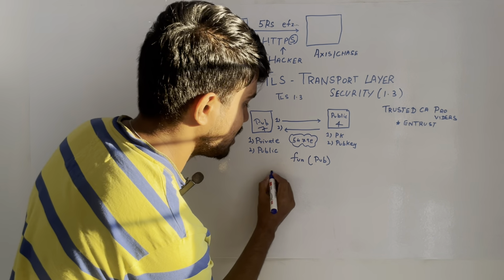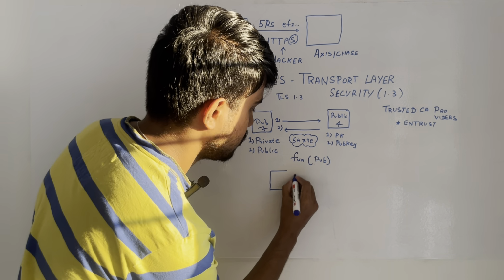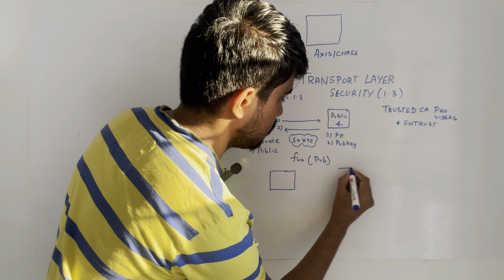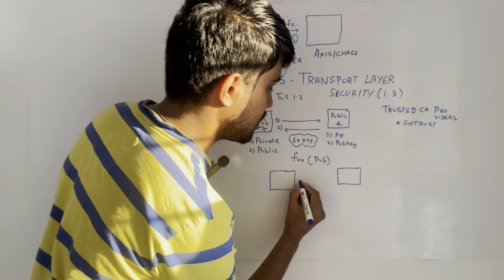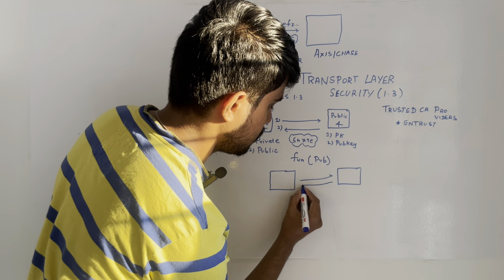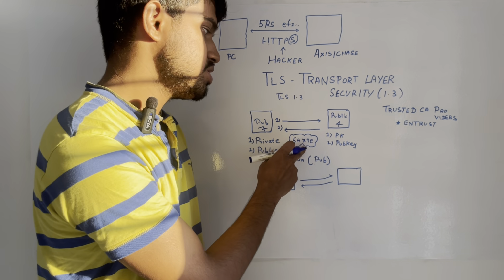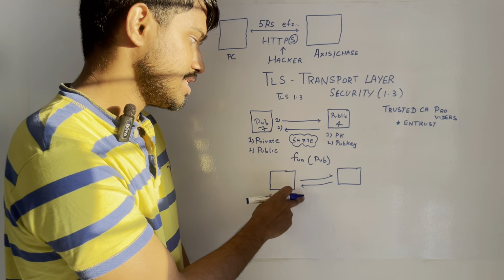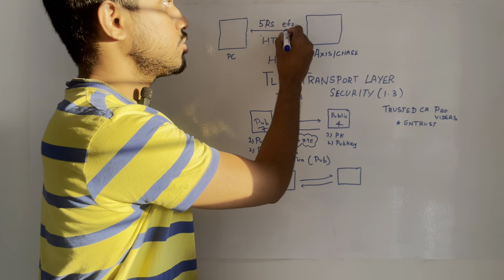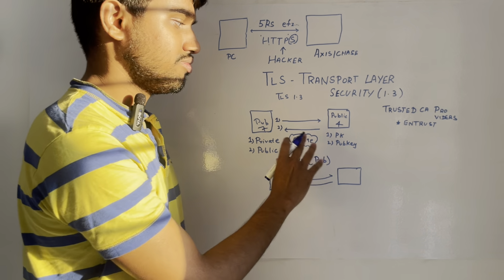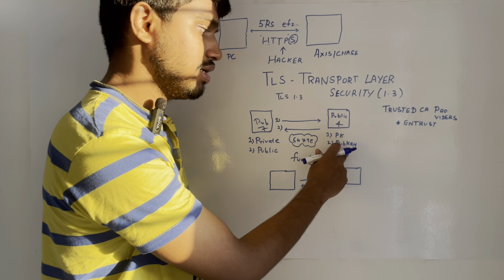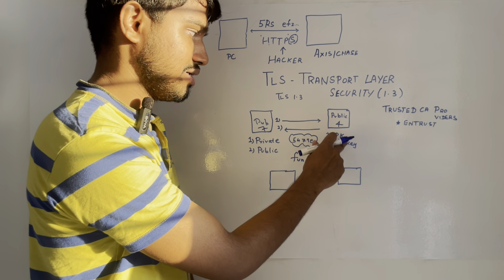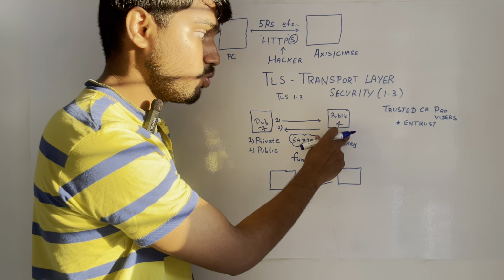So on every other communication, they use this secret and a function to convert 5 rupees to EFAC. Any hacker who is coming in won't know the private key.